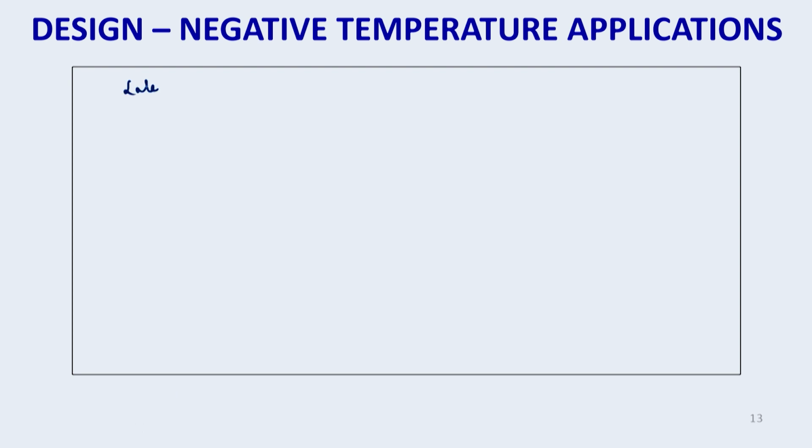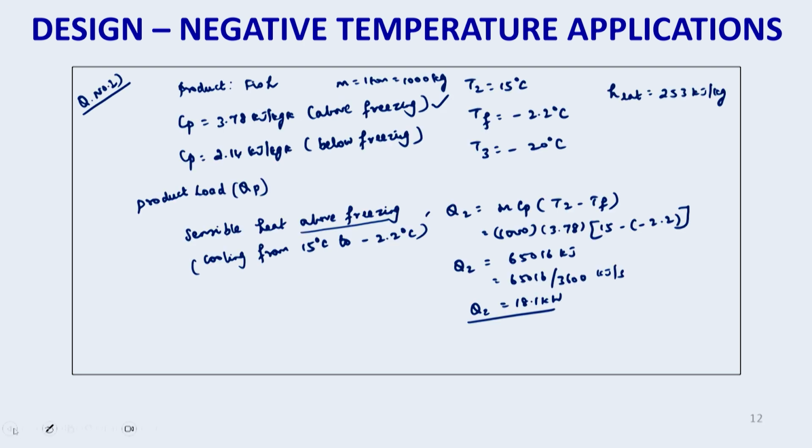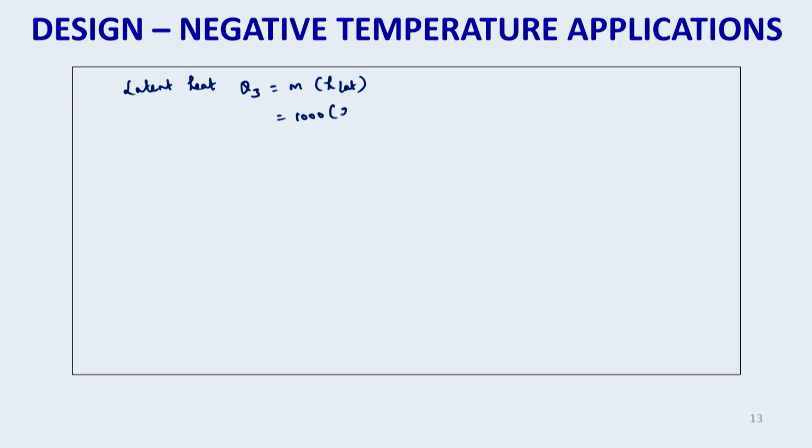Latent heat, that is Q3 is equal to M into H of latent heat. M is 1000. Latent heat is given in the problem, 273 kilojoule per kg. So that is equal to 273,000.